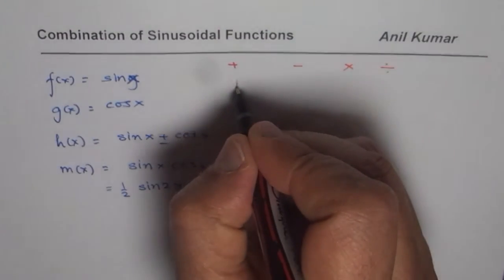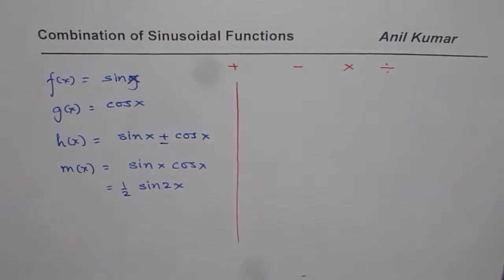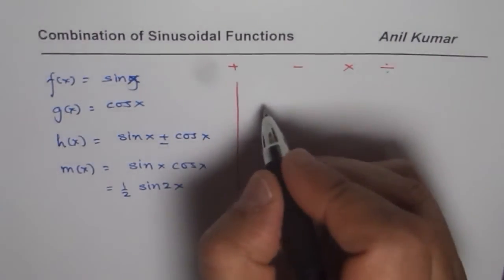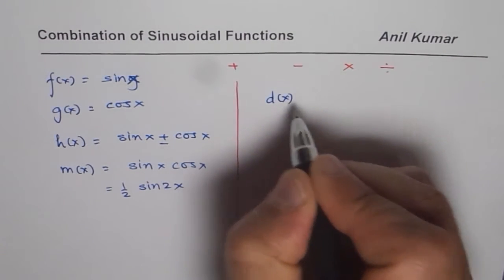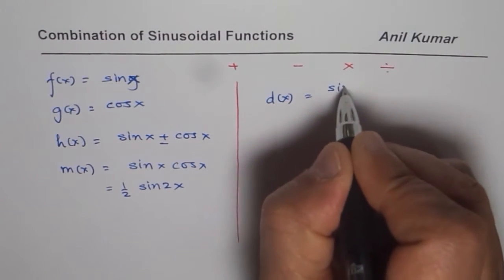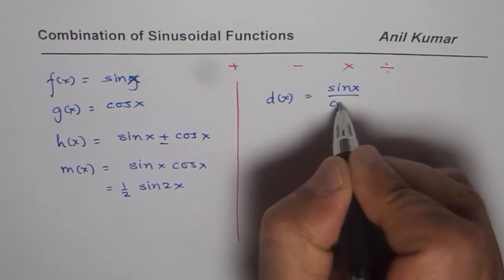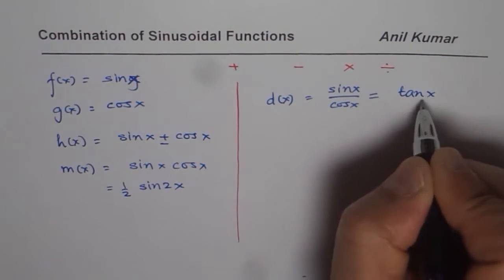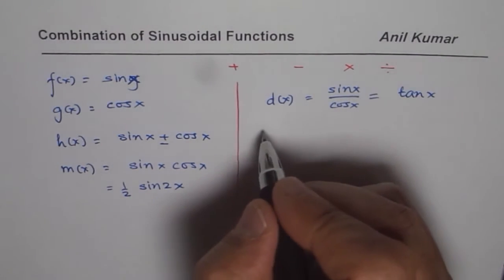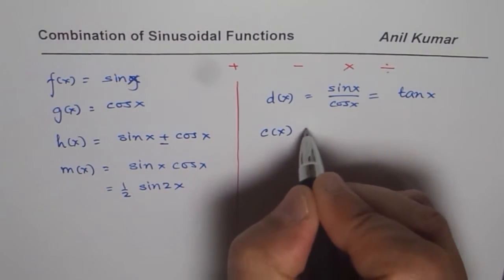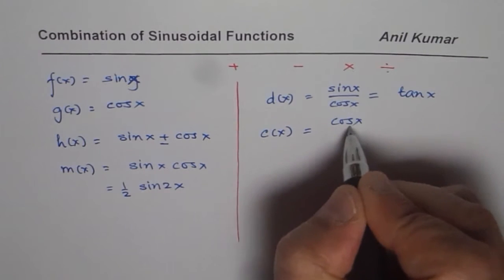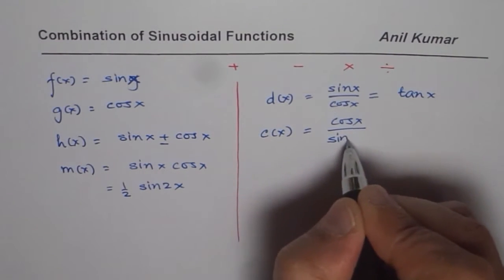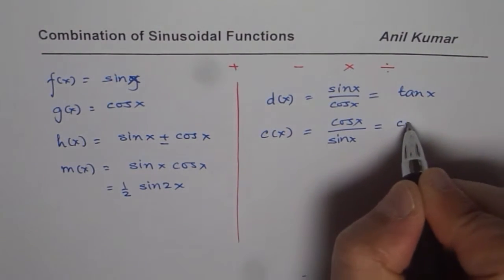On the other hand, if we perform the operation of division, let us say we have d of x, which equals sine x over cosine x. Now this function is tan x, which is not sinusoidal, right? Or if we say c of x equals cosine x over sine x, then that is cotangent x, right?